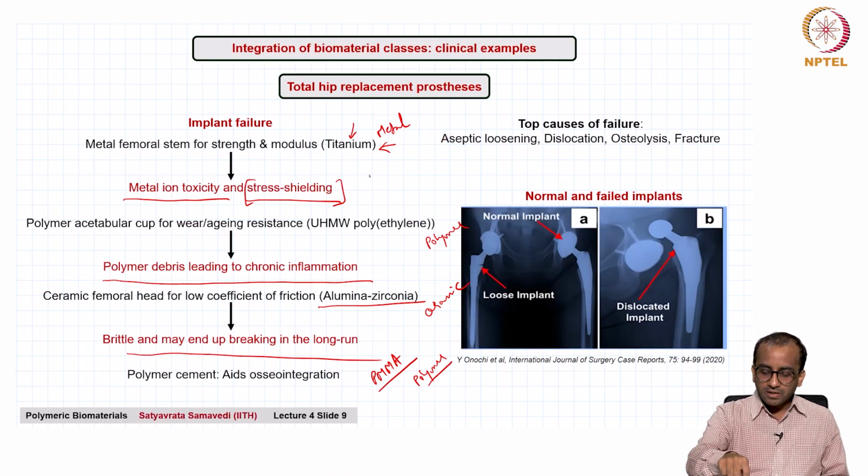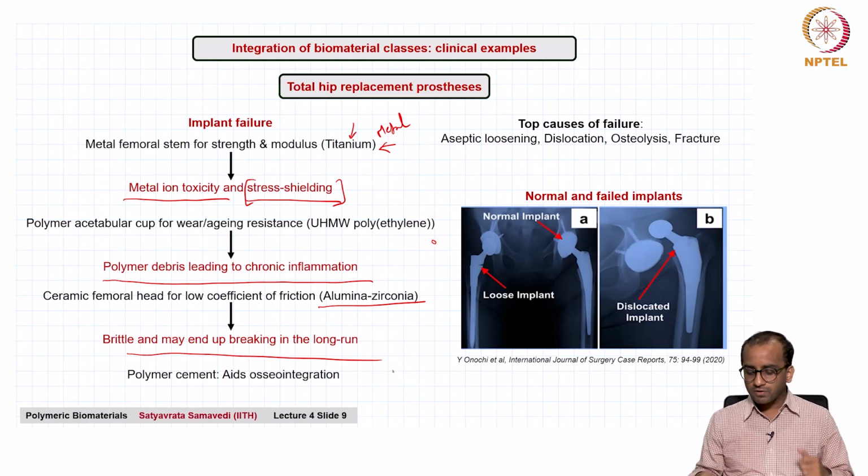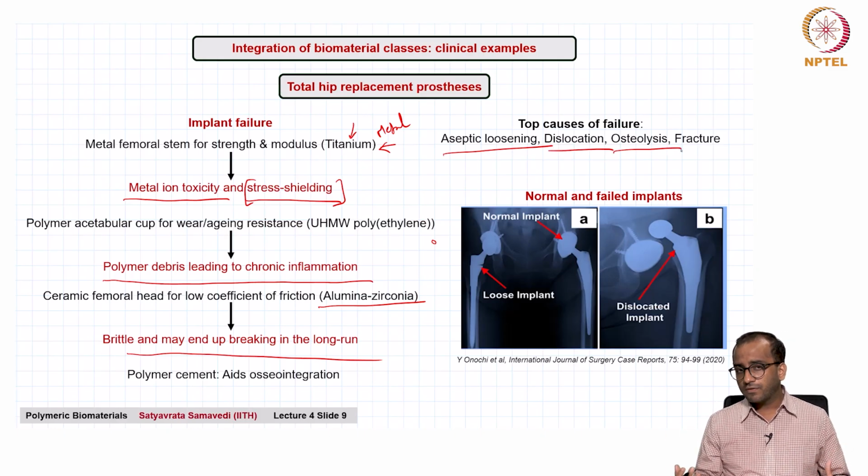So as we saw earlier, the primary causes of failure include aseptic loosening of the implant, dislocation, osteolysis, which can occur because of this debris that comes out, and then fracture, which is less common, but that can also happen if sudden, unexpected loads are put on it.